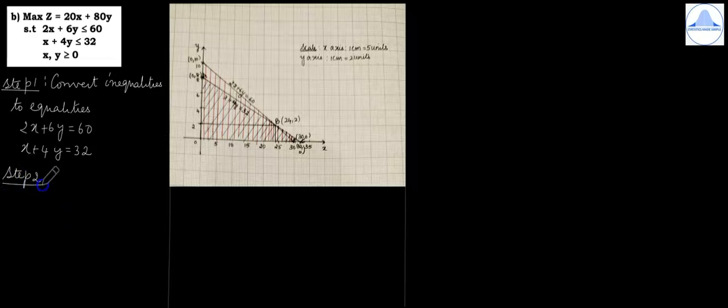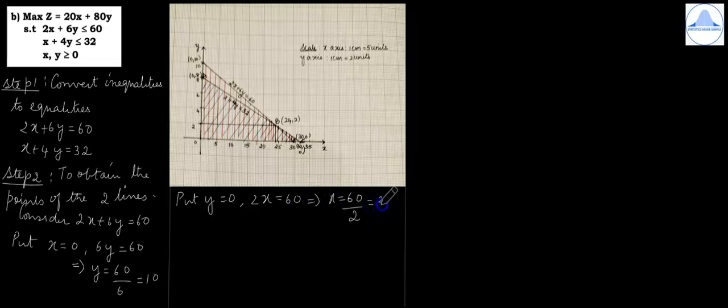Step 2. To obtain the points of the two lines, consider 2x plus 6y equal to 60. So first put x equal to 0.